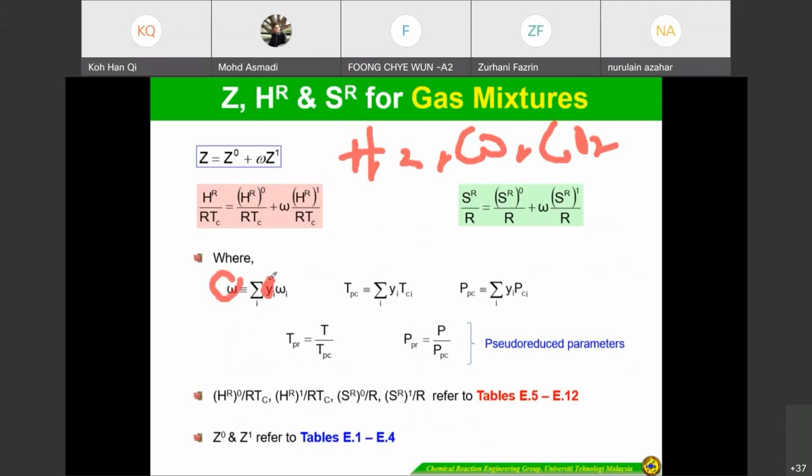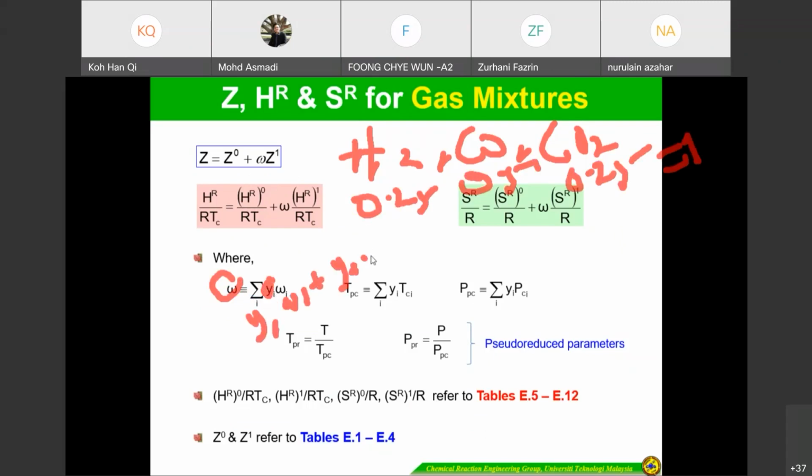They have mole fractions, for example 0.25, 0.5, and 0.25, so the total is equal to 1. The fraction times the value for each species: y1 omega1 plus y2 omega2 plus y3 omega3. So you can get the total omega.